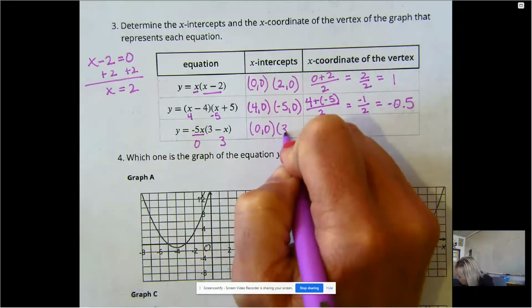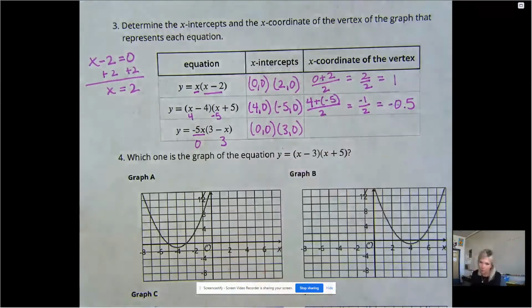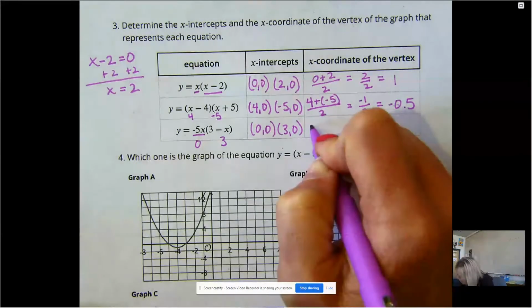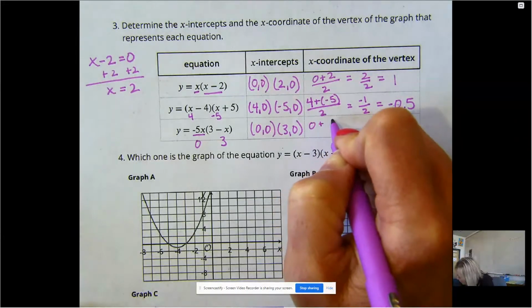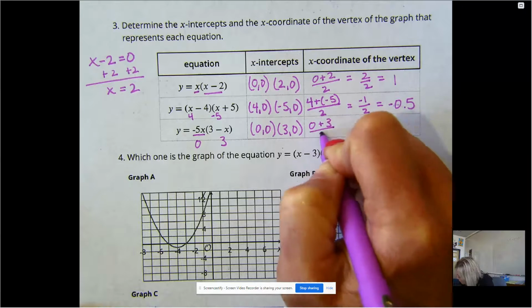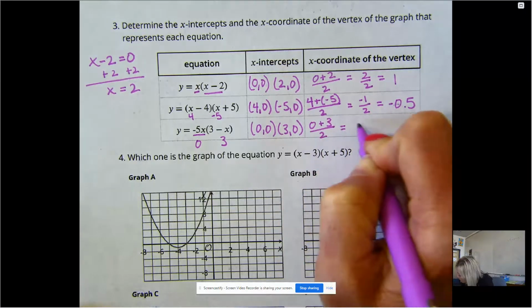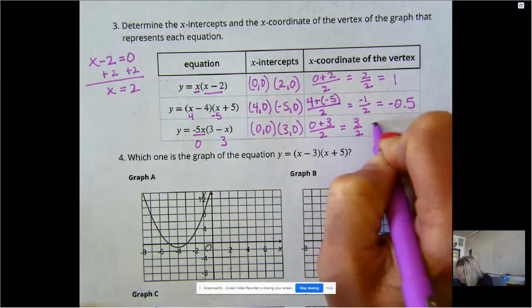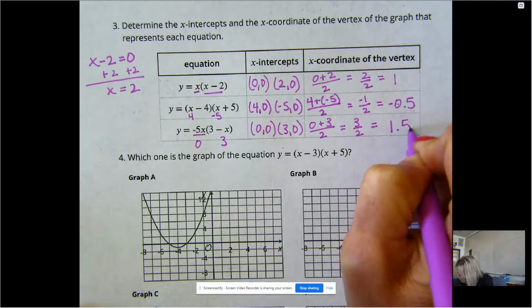So (3, 0) is the other x-intercept. And then the x-coordinate of the vertex is, add the two x-intercepts together, 0 plus 3, and divide by 2. So 3 divided by 2 is equal to 1.5.